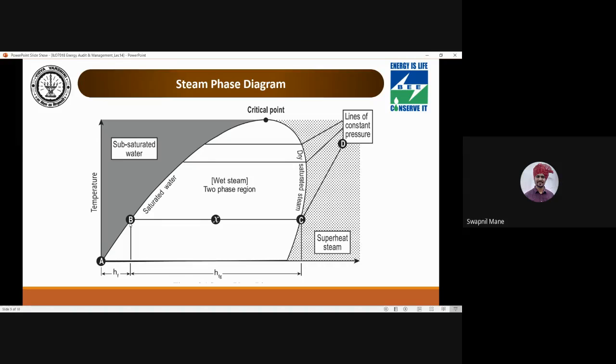If further heat continues to be added, it changes phase from saturated liquid to steam and continues to increase its enthalpy while remaining at the saturation temperature maintained at this point. So the temperature remains constant. If I add more heat, which is nothing but hfg, it will reach point C, which is on the saturated steam line.